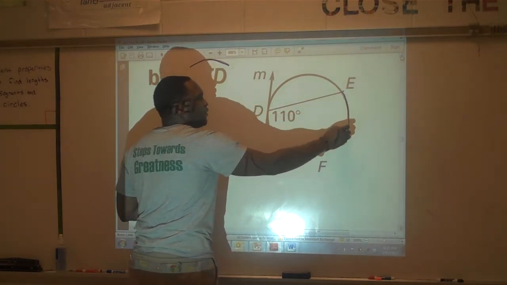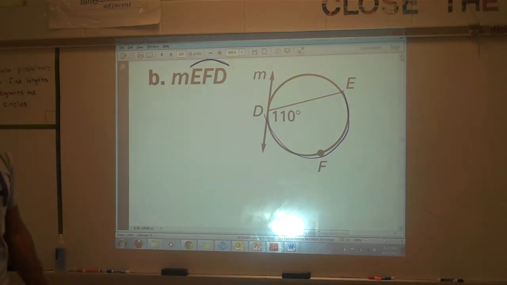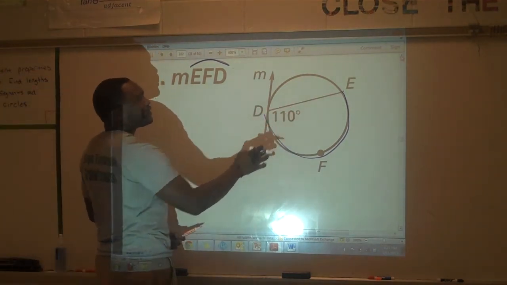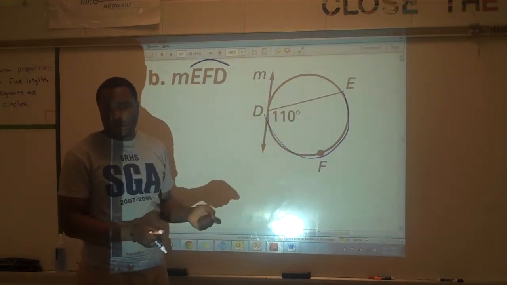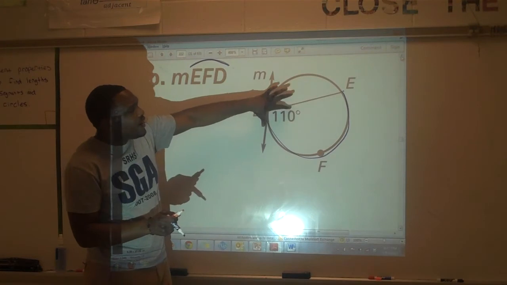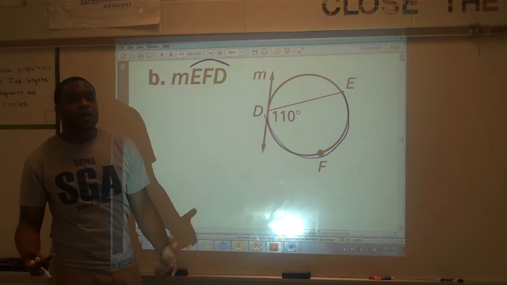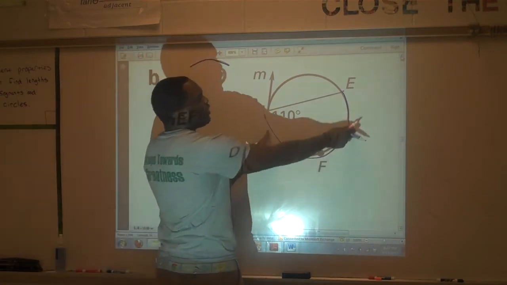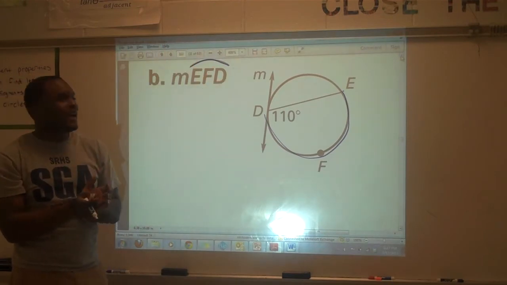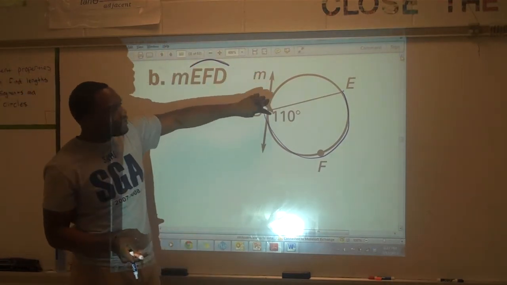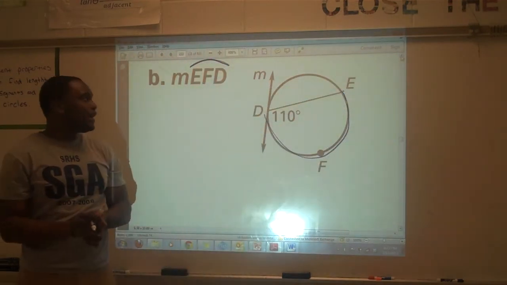From E, we're on to F, to my angle. I think going from big to small, I'm going to divide. Now I have just this angle, the measure of this one point here, this angle, and I want to find the measure of this big arc. I'm going to multiply by 2.